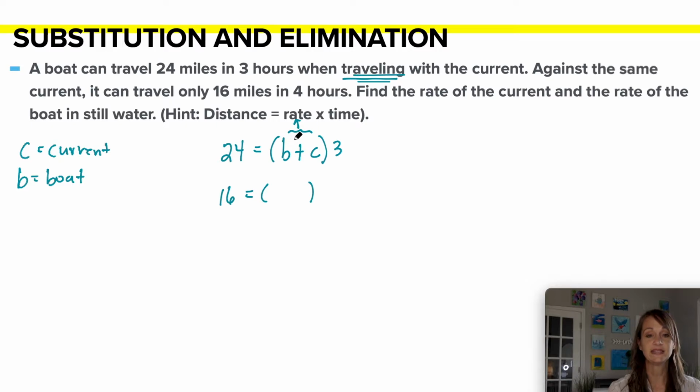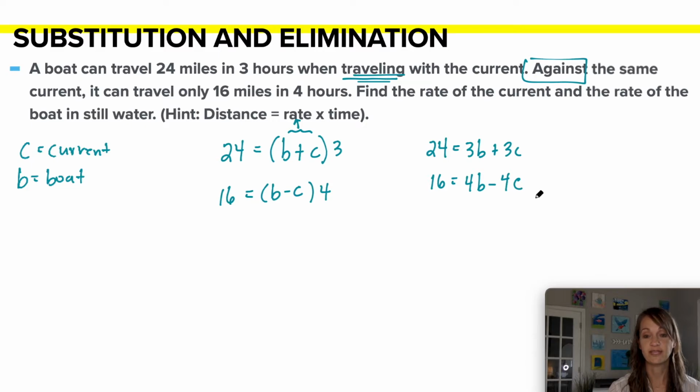The rate is the boat minus C, because the current and the boat are going against each other, and it took 4 hours. So we have the equations 24 equals 3B plus 3C, and we also have the equation 16 equals 4B minus 4C. Again, I will solve this at the end of the video, but for now I'm going to continue on.